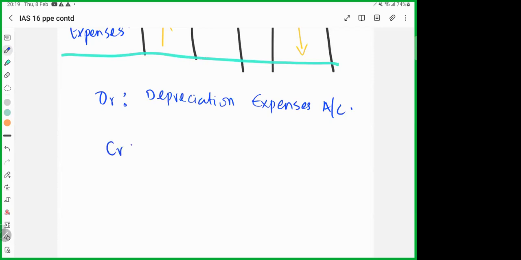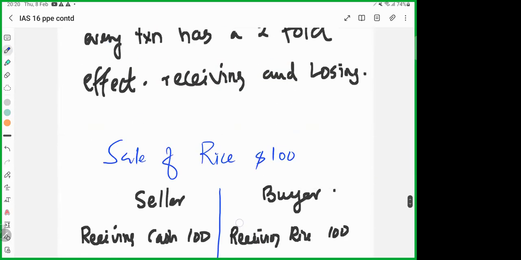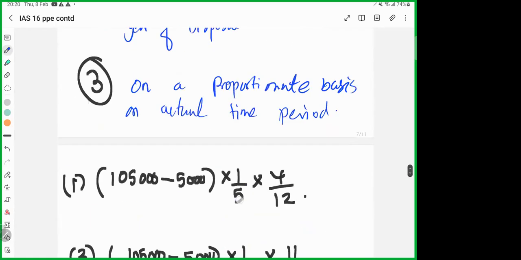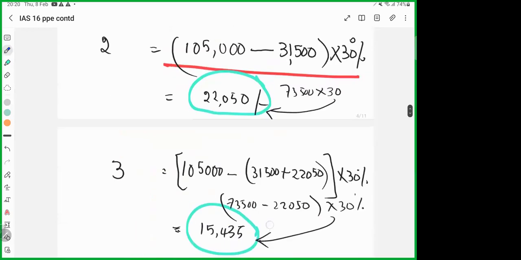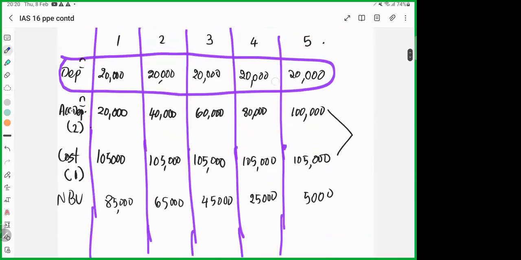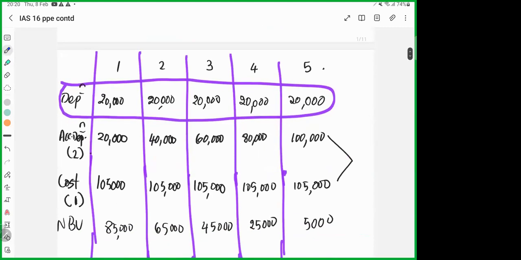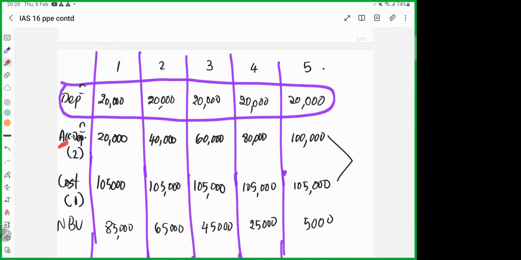Yes. Credit. Now there is one account, I believe, accumulated depreciation. I'm searching my notes where I have written all this. Here. Accumulated depreciation.